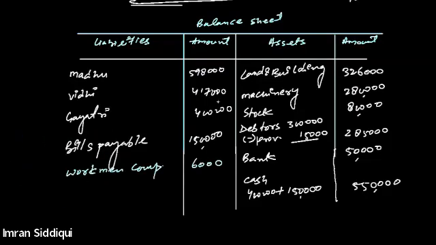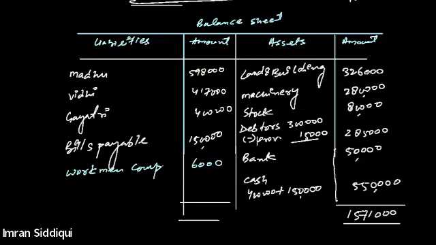Now let's tally and hope that both sides are equal. Let me first total the asset side: 3,26,000 plus 2,80,000 plus 80,000 plus 2,85,000 plus 50,000 plus 5,50,000. The value I'm getting is 15,71,000.